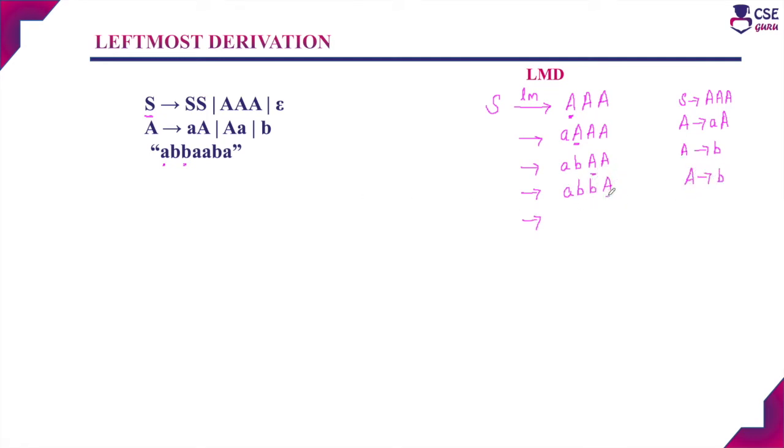Next, only one non-terminal is there and we need to get the input a, so we will apply the production rule A derives a. Next, only one non-terminal is there, and we need to get the input a, so A derives a.